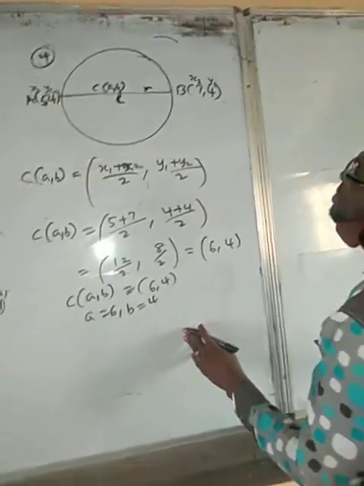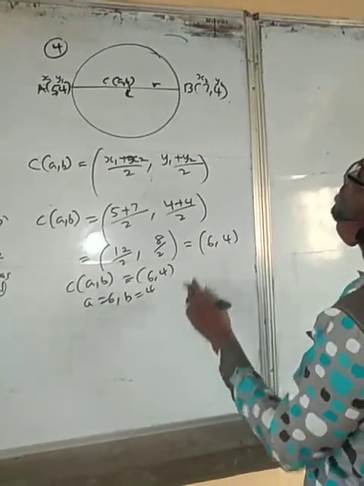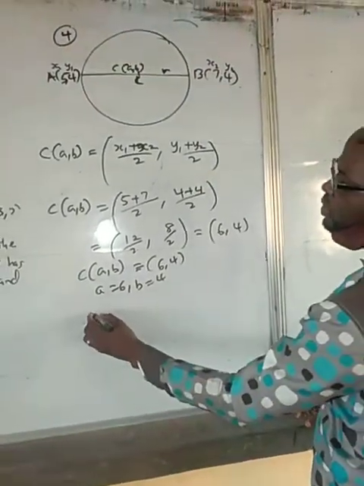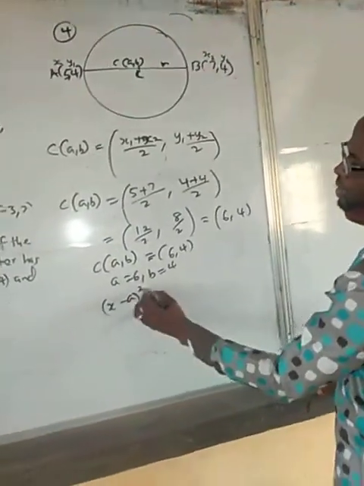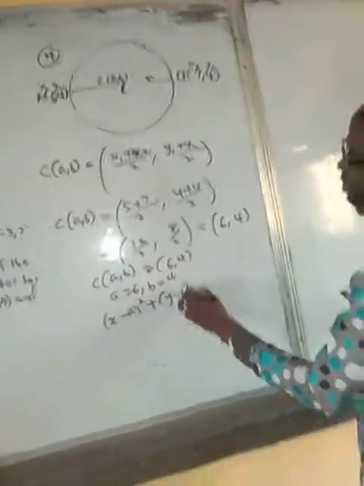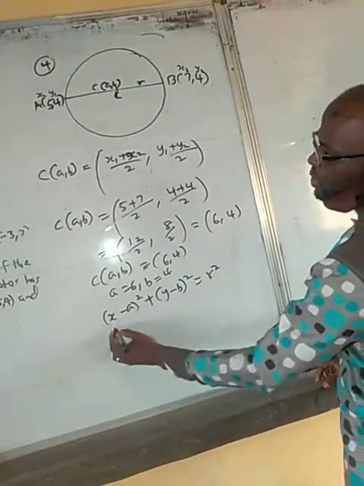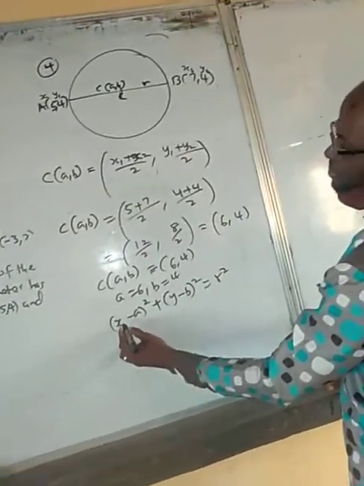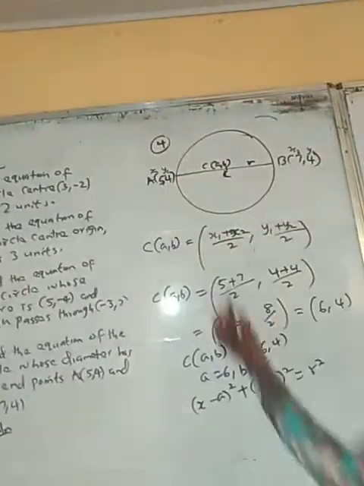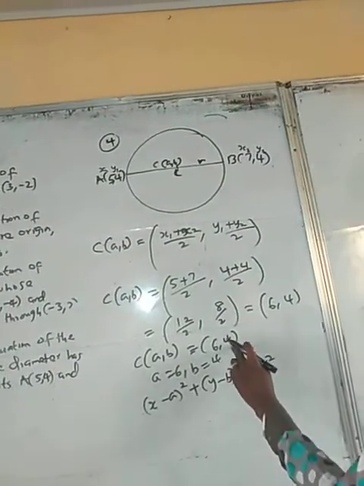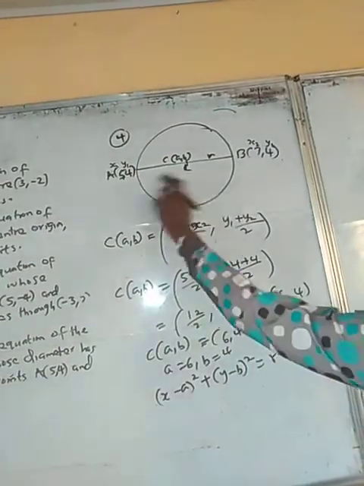For a circle, you need your radius. So I can get my radius by saying that (x minus a) all squared plus (y minus b) all squared is equal to r squared. I'm using the center and this coordinate point.